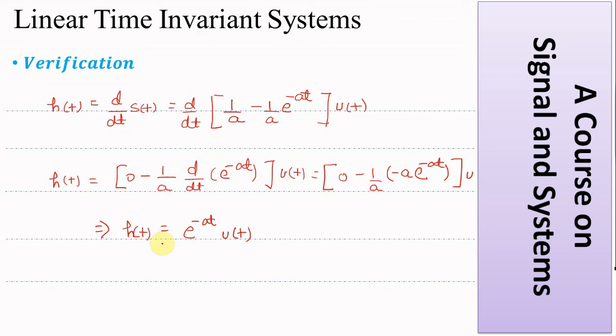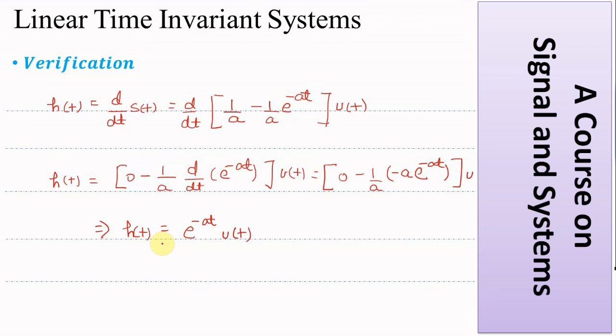So u(t) has been applied to quantify that the step response is not for all the values of time, because in the integral we have applied the constraint that t can only be positive.